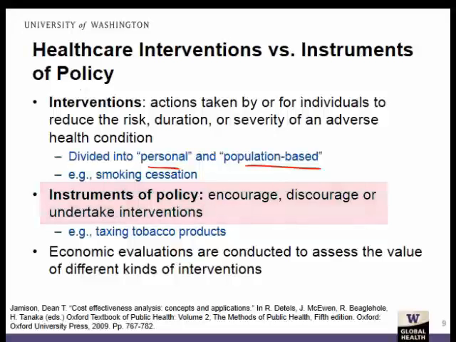And usually it is the realm of government. So for example, a government might tax tobacco products, and this would encourage people not to smoke or discourage people from smoking, or would serve the purpose of undertaking the process of reducing the proportion of people in the community that smoke cigarettes. And you can perform economic evaluations to assess the value of these different kinds of interventions.